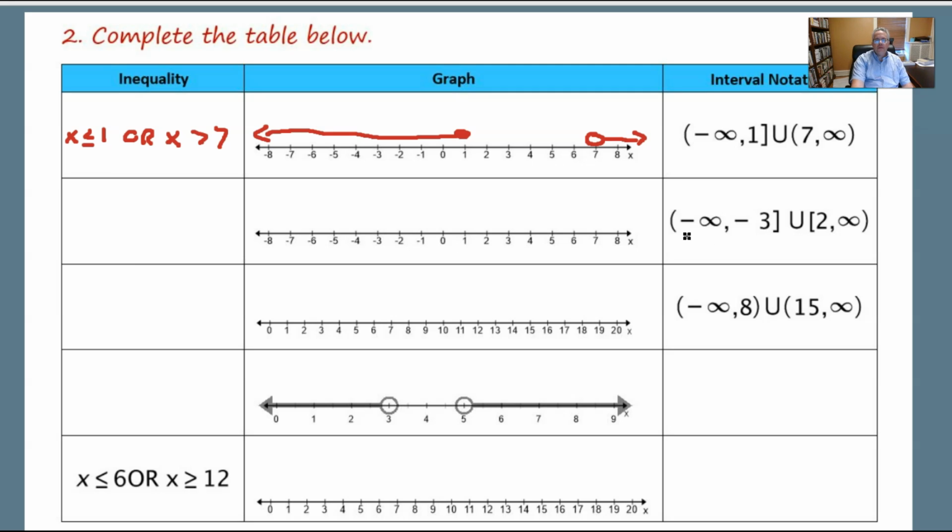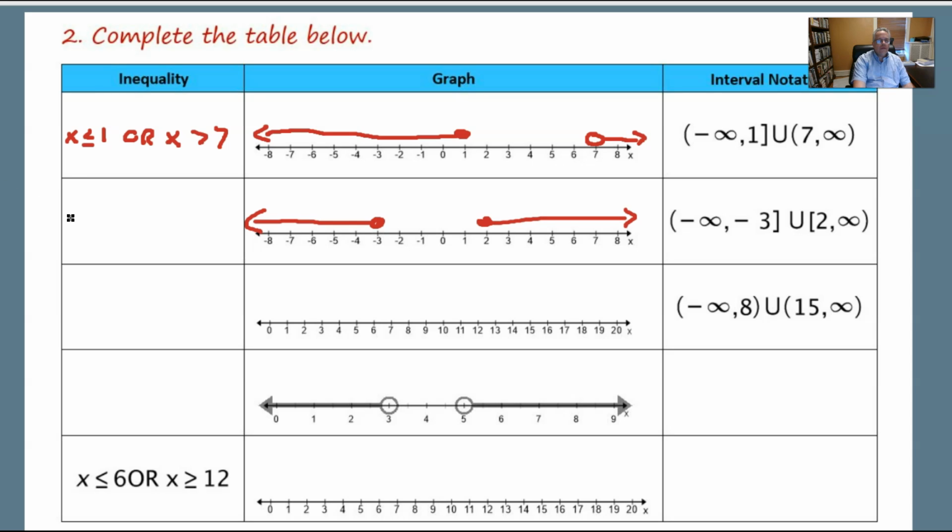This interval goes from minus infinity to -3 and includes -3, so I'm going to put a solid dot there. The interval comes from negative infinity, so it goes all the way to the left. Union, the interval that starts at 2 and goes to infinity, like this.